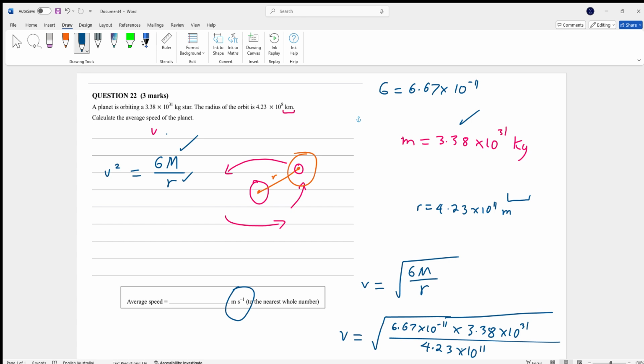So if we go like this, 3.38 times 10 to the 31, and 4.23 times 10 to the 11. So we're going to get a velocity which is 73004.7. So when they say round to the nearest number, it's going to be 7300, and I'm going to round that up to a 5 there. And that would be it.